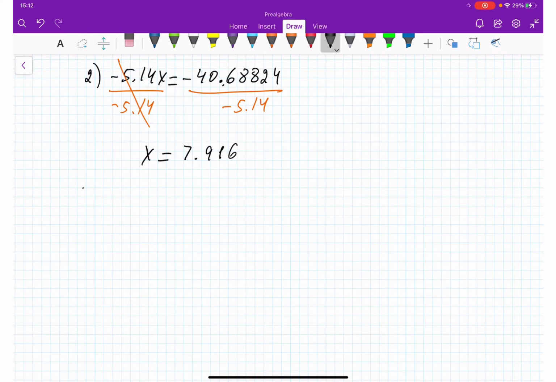Number 3. We need to simplify the expression. 9.2z minus 3.2 minus 7.3 minus 11.8x. Okay, like terms, this with this, oops, it's z.